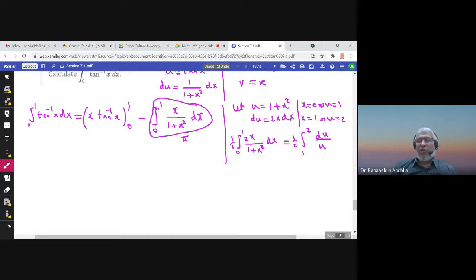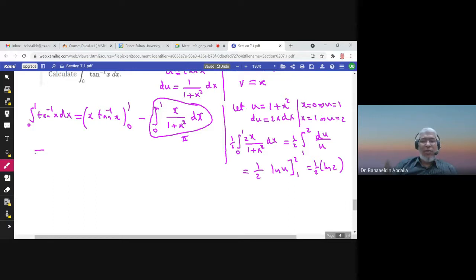And now we changed the variables from x to u. And the integral of du over u is ln u from 1 to 2. So I'll have half times ln 2 minus ln 1. But ln 1 is 0, so it is half ln 2.